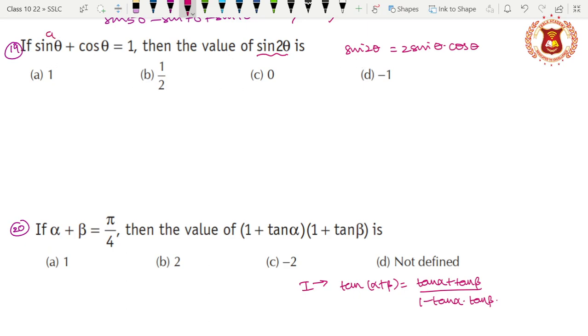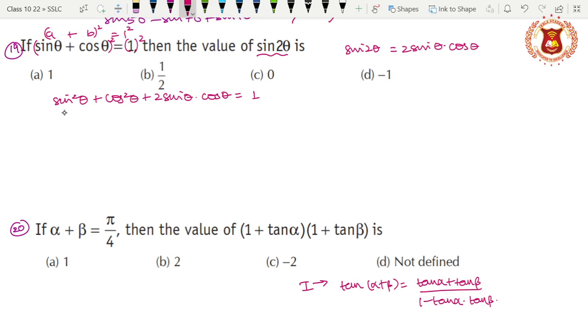This is A plus B, equal to 1. Now squaring both sides, A plus B whole square is A square plus B square plus 2AB. That is sine square theta plus cos square theta plus 2 sine theta cos theta is equal to 1 square, which is 1 here.